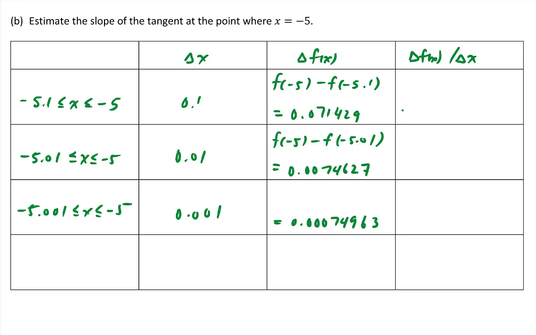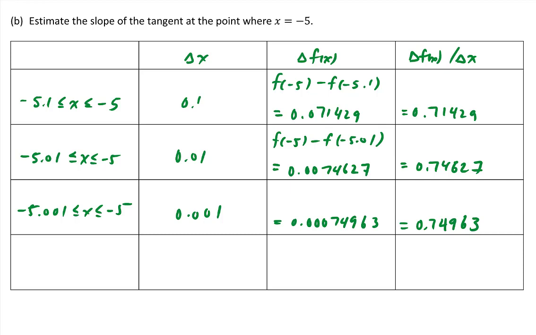And for our first one, we end up with decimal 0.71429. The second one, decimal 0.74627. And with the third one, we end up with 0.74963. This looks like it's approaching 0.75.